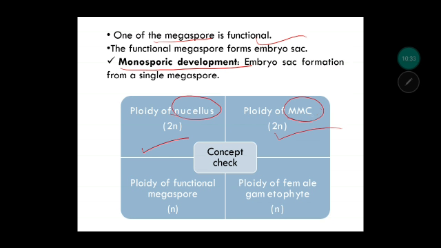Megaspore, because after meiosis the reductional division is happening and the chromosome number is going to become half, so the ploidy will be N. What about the embryo sac or female gametophyte which arises from the megaspore? It is also N, because from this megaspore the female gametophyte will arise by mitosis, so the ploidy will be N. This is very important.